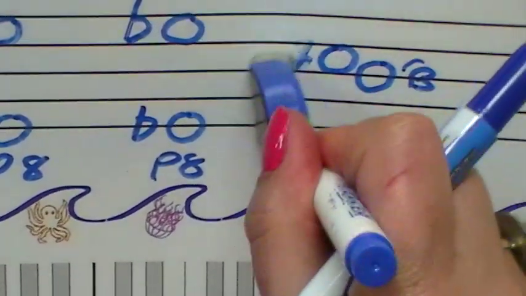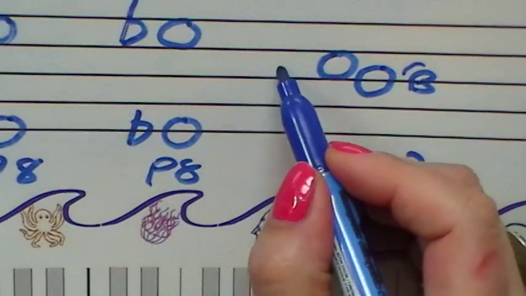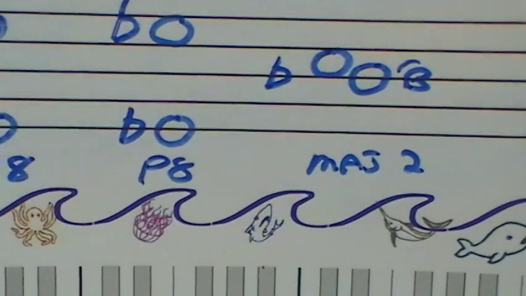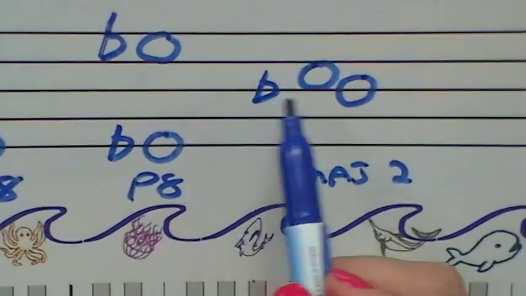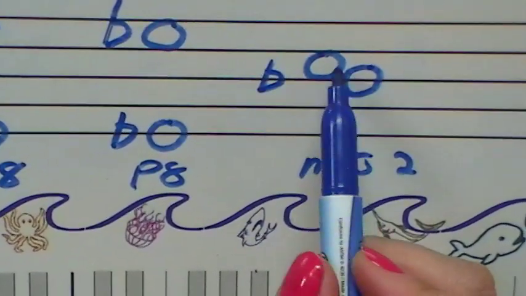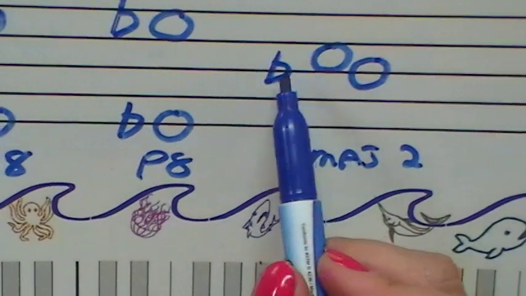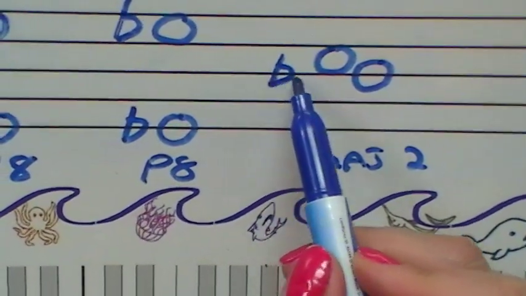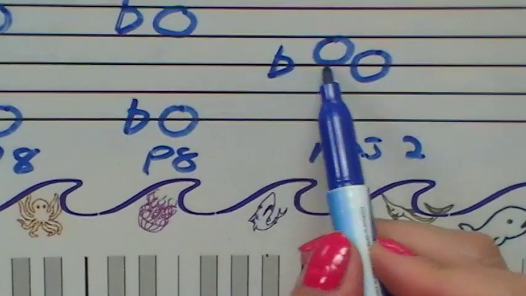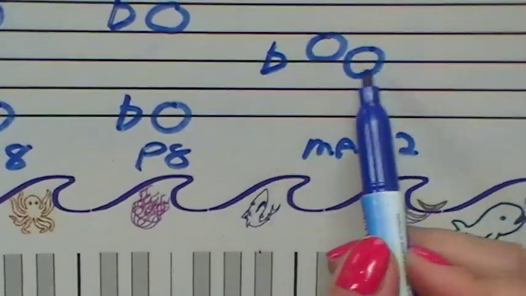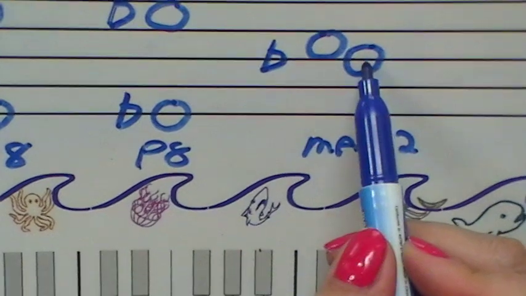But what if it was B flat? So you see here? How do you know that's for the B flat? It's not right beside the note, but sometimes it can't be because there's a note in the way. So it has to be on the same line or space as the note. So we would look to see what line it's on, and we know it's for B because it's on the B line.